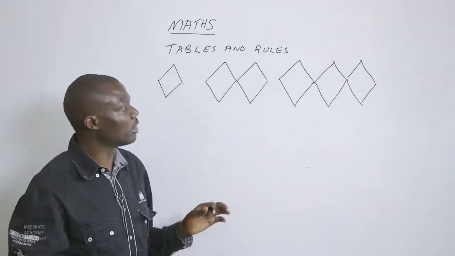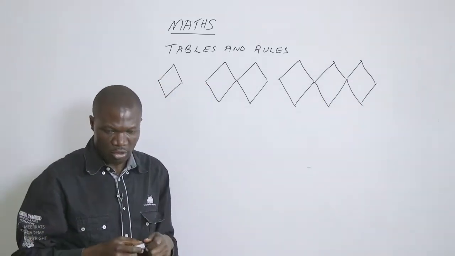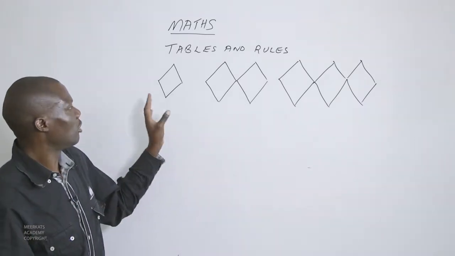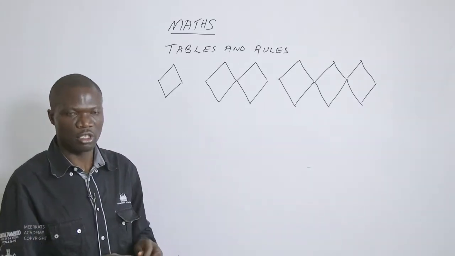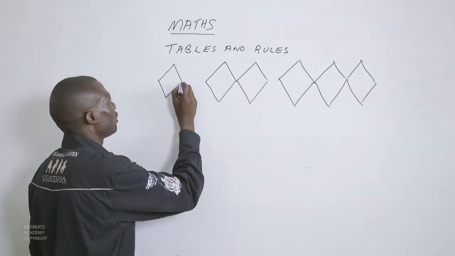Now, when you look at this, we have a diamond represented by 4 sticks.